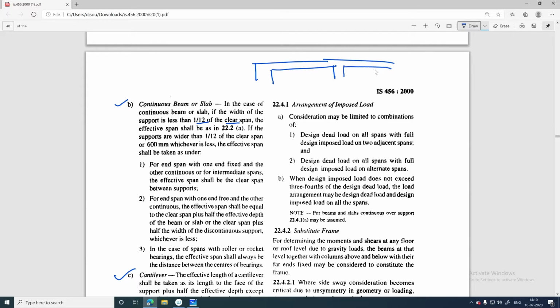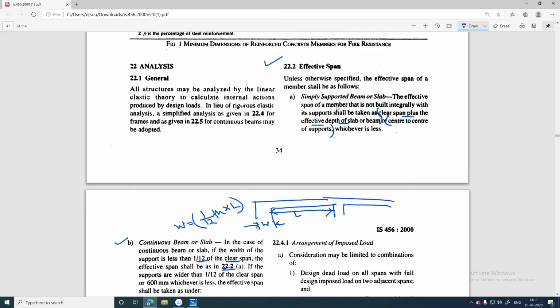If this is continuous like this, and this is the clear span, suppose L, and this particular width, suppose W, is within 1/12 of L, then we will consider 22.2A. Look, 22.2A means we consider it as a simply supported beam.